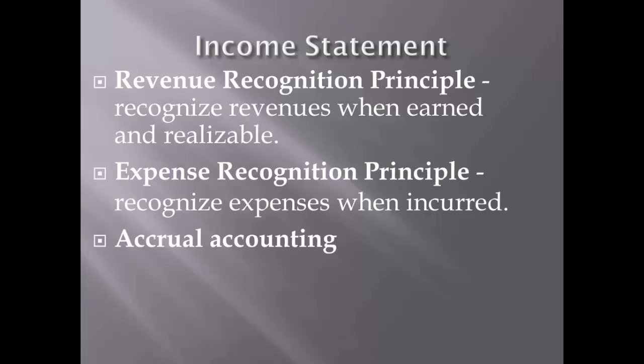For companies operating under long-term contracts, the earning process is typically measured using the percentage of completion method. That is, by the percentage of costs incurred relative to the total expected costs.